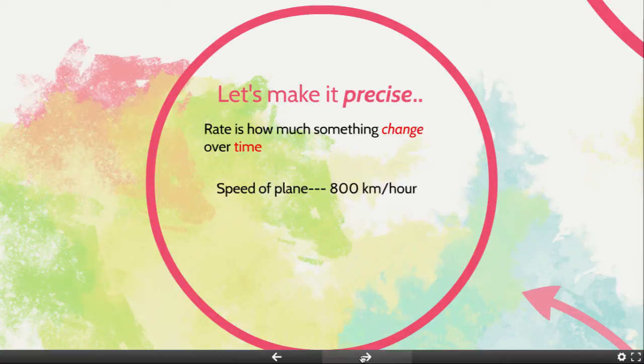So here are a few examples. Firstly, the speed of a plane is 800 kilometers per hour. The change here is 800 kilometers, the distance it flew, and the time here is hour. So you can see that we're using a single unit of time. So per hour, in 1 hour, this plane will fly 800 kilometers.